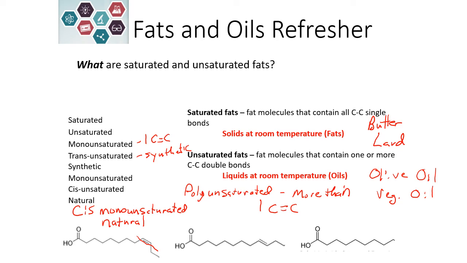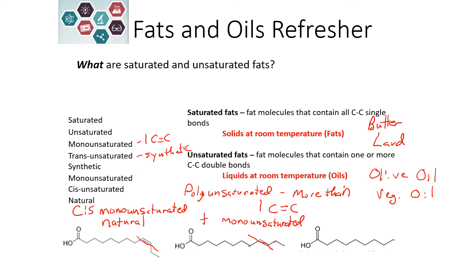Okay. If we look at the second one, okay, now we do again have one double bond that's not the carbonyl. So this is again going to be monounsaturated. Okay. Now if we look, our carbons are on opposite sides of that double bond.